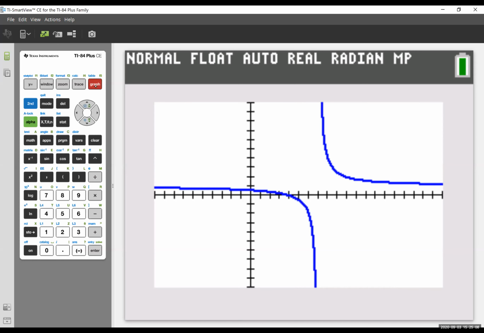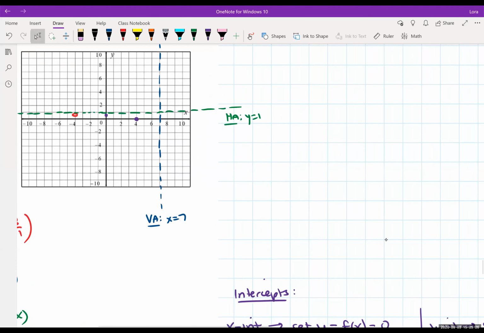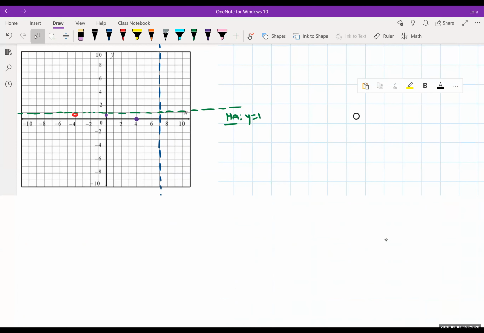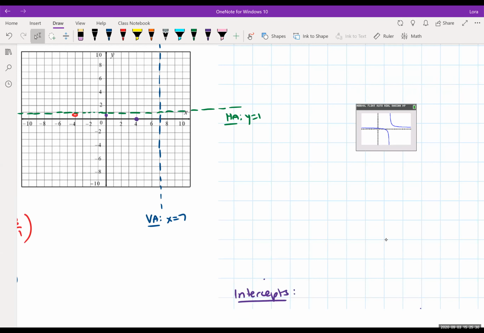So let's copy that over. I like to just compare it side by side. So we'll go back to our drawings. See if I can copy it onto the right, perhaps. It's a little small.